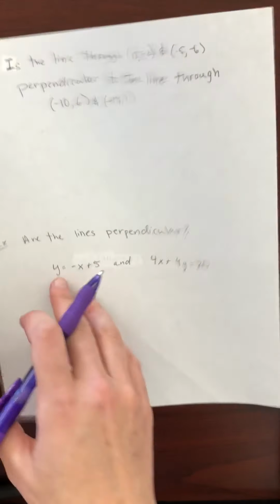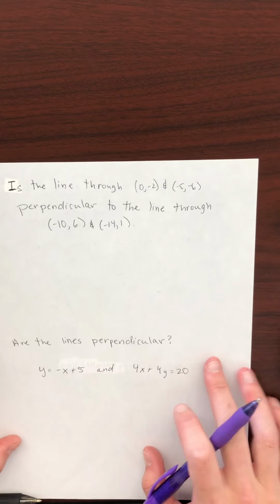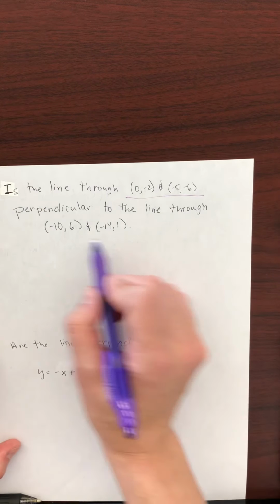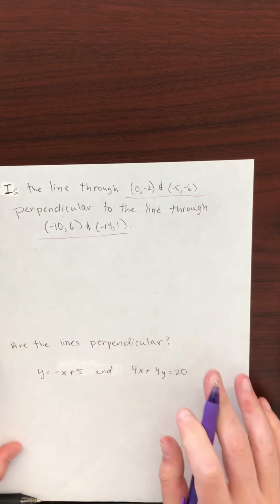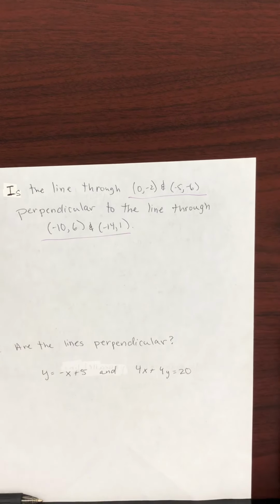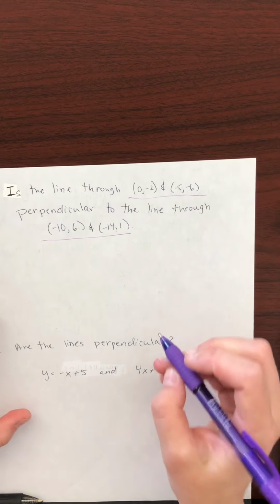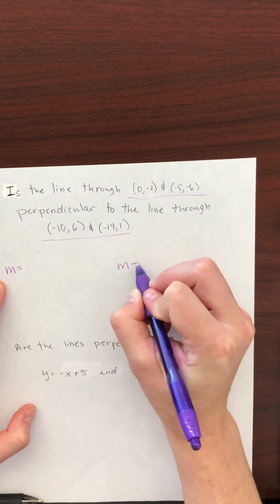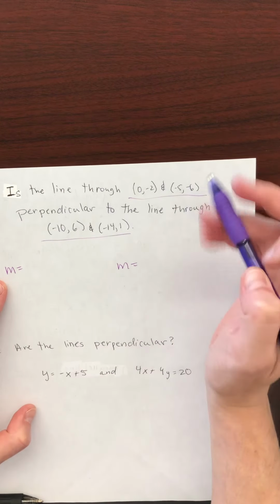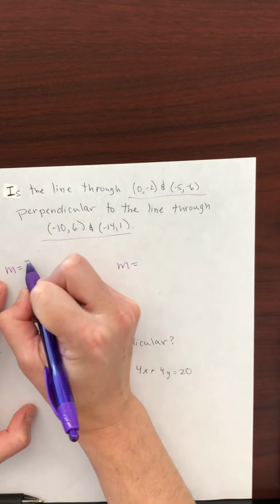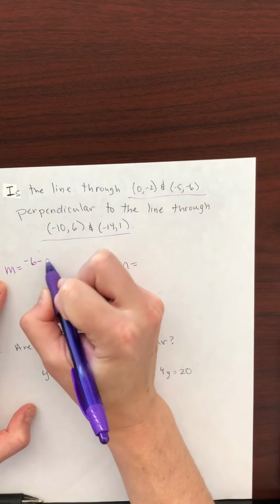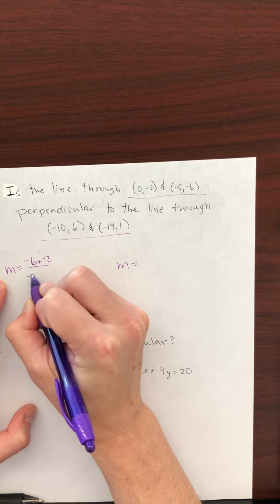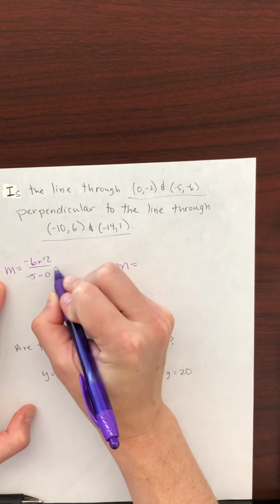Okay. 2 more. I want to make sure I went over each. Is the line through these points perpendicular to the line through these points? Well, perpendicular lines have opposite reciprocal slopes, so we need the slopes for each. All right, I have y2 minus y1, a negative 2 becomes plus x2 minus x1.